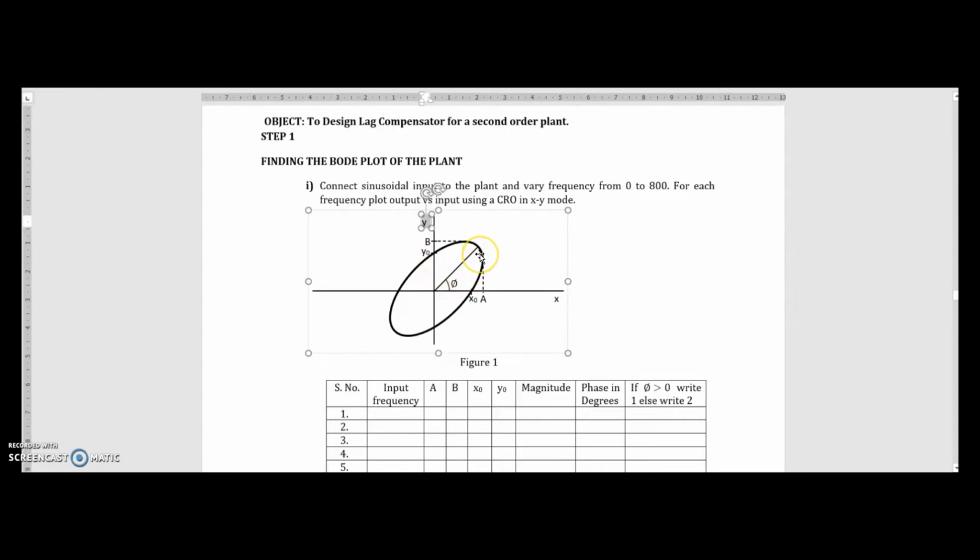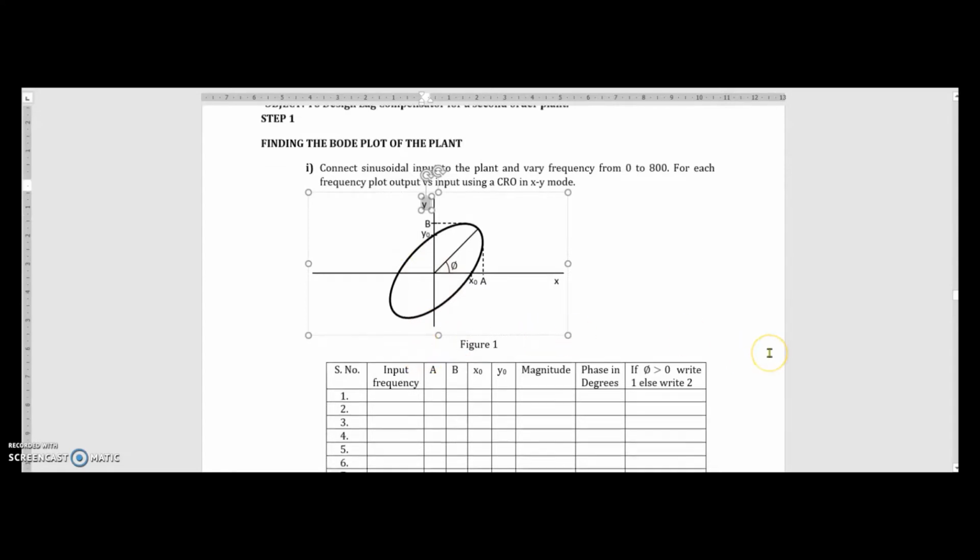And the slope also, because sometimes this slope is positive and sometimes this figure is tilted towards the left instead of right, so the slope will be in the second quadrant. So we will record these things for varying frequency.